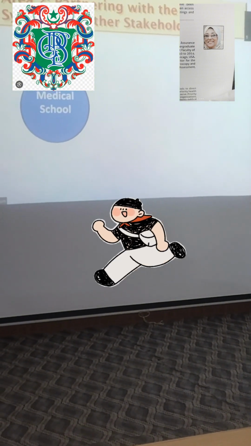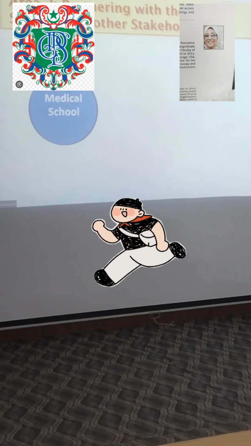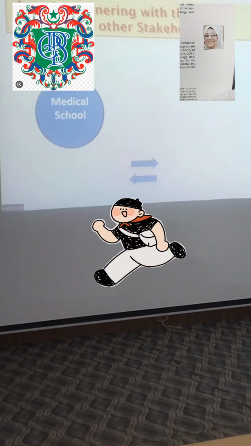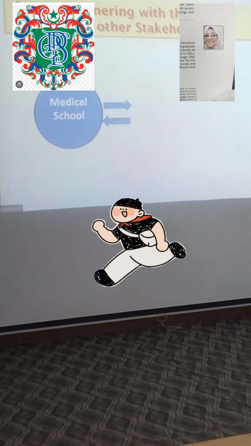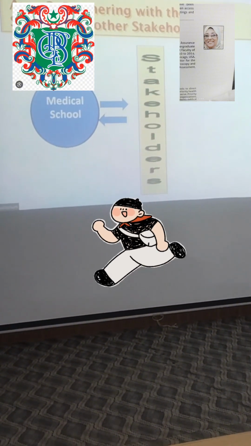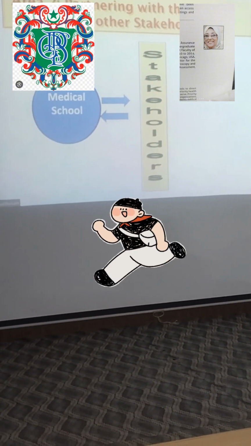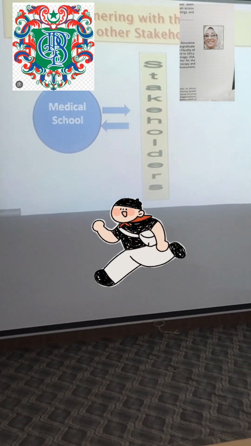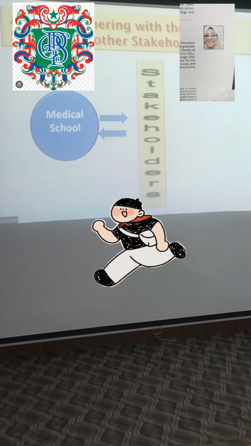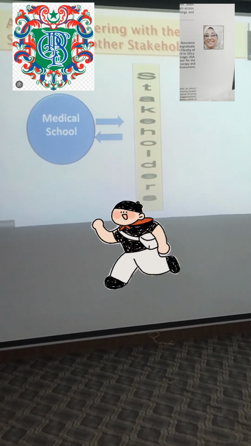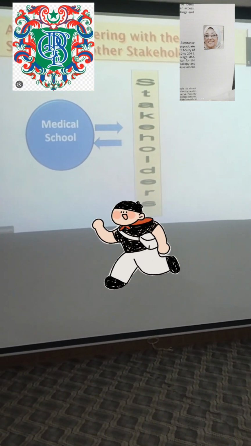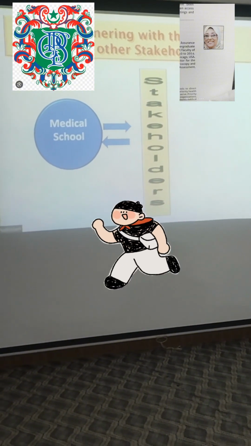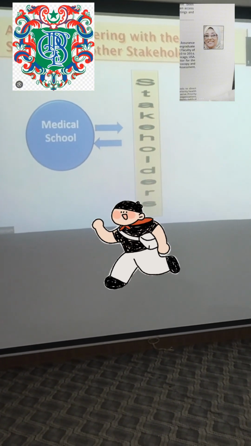Then area 2 is that the medical school should partner with the health system and the other stakeholders. These are all stakeholders involved in health: policy makers, governance, the Ministry of Health, or other health professional schools.